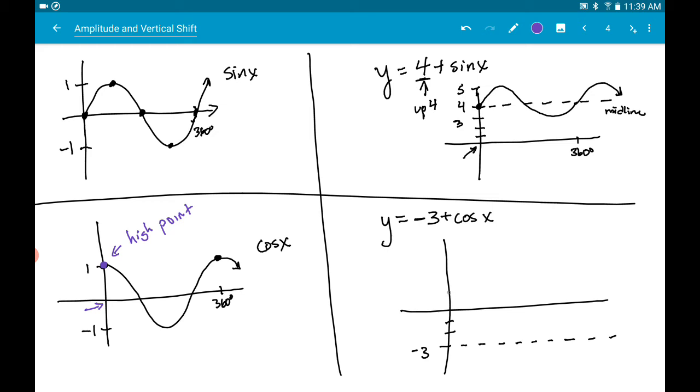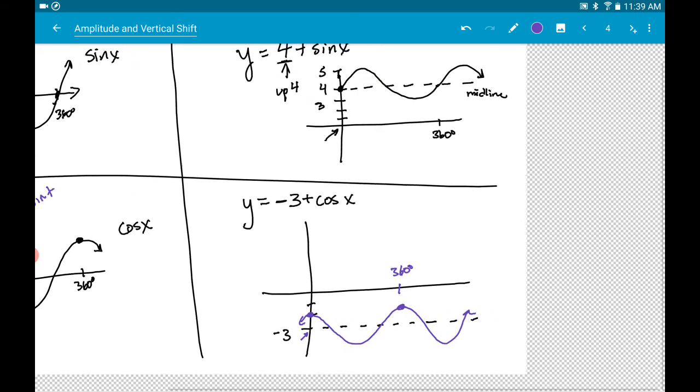So again, the old graph looks like this, but all those points have been shifted down 3 units. So if this right here is the new origin, the high point's going to be right here. Then it's going to come down, go back up. That would be at 360. And then again, down, go back up, however many times you'd want to repeat this.